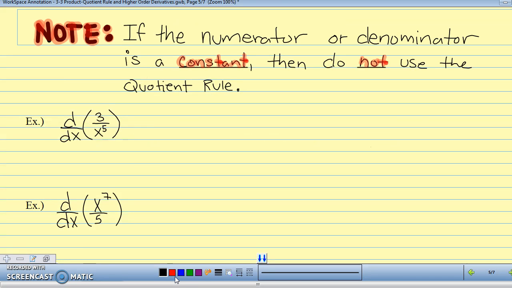Now go ahead and write this note. If the numerator or denominator is a constant, then do not use the quotient rule. Here's why. The derivative of 3 over x to the fifth, we can easily rewrite as the derivative of 3x to the negative 5. All that is using rules from my last video.